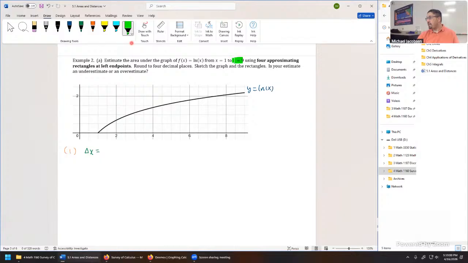Delta x takes the b value, which is 9 in this graph, minus the a value, which is 1. So the formula always goes b minus a, divided by a number n. So for the information given, a is 1, b is 9, n is 4.